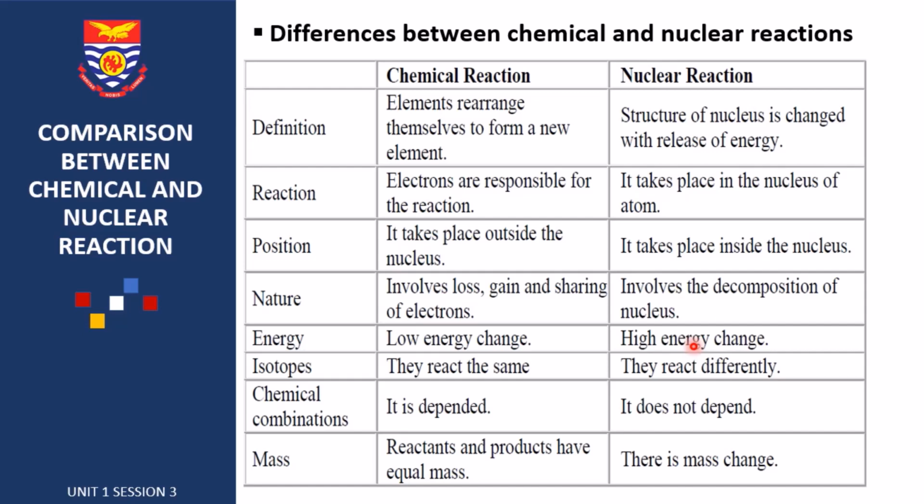In chemical reactions, the isotopes of an element react basically the same, but in nuclear reactions, the isotopes involved react differently. So two isotopes will react in distinct ways, as compared to chemical reactions, where when you have two or more isotopes, their reactions are basically the same.